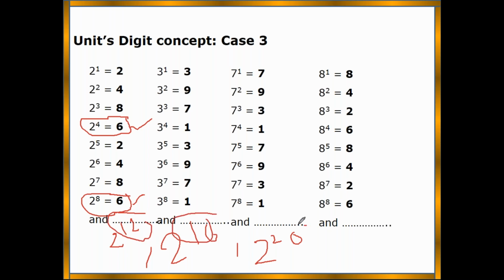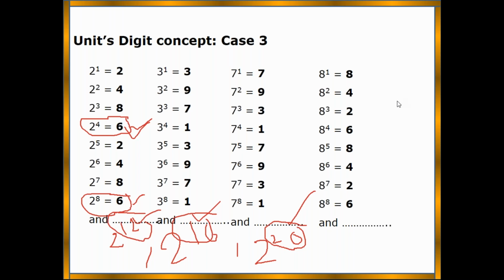If the powers are divided by 4, the remainder is 0. Whenever the remainder is 0, power becomes 4, because 2 power 4 and 2 power 20 both are same in terms of the last digit. 2 power 4 and 2 power 16 both are same. 2 power 4 and 2 power 12 both are same.